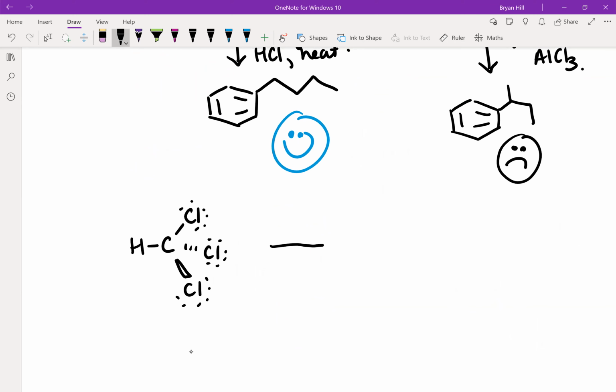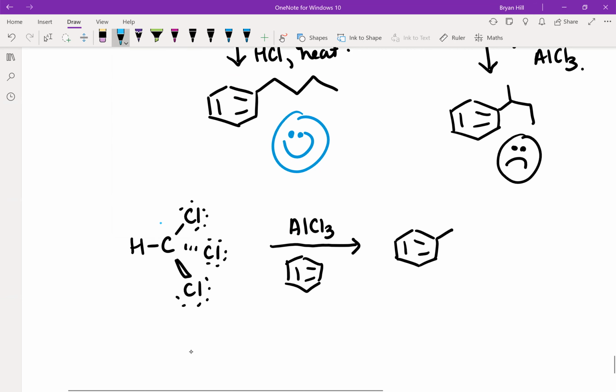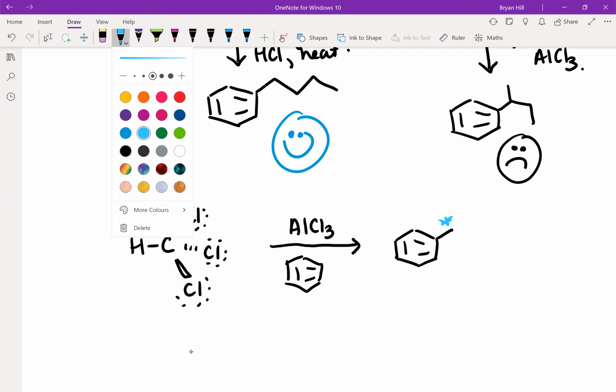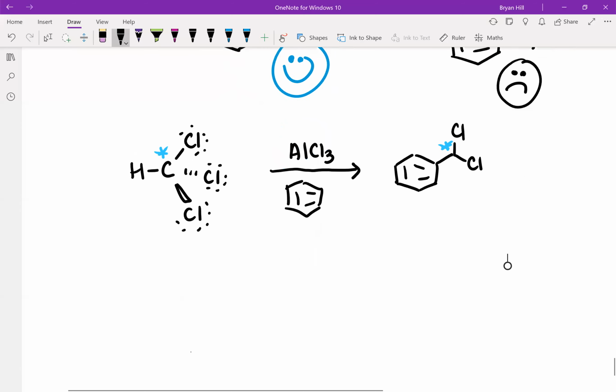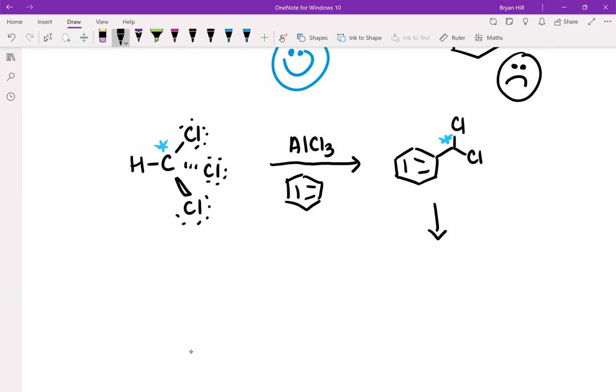If you did this reaction with aluminum trichloride and say benzene, then the first product you make is, so your carbon here, I'll star this blue. So that's this little carbon here. But now here it's got 2 chlorines on it, because one's been used to do the reaction. Then this reagent can undergo another Friedel-Crafts reaction with benzene.